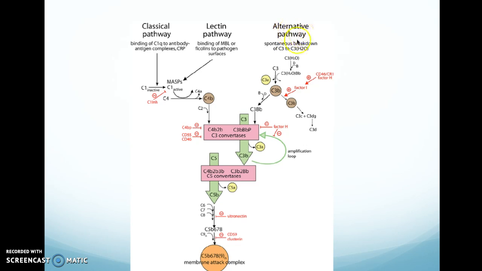And then you have the alternative pathway, spontaneous breakdown of C3 to C3H2O. It just goes through the processes of both, starting with the classical and then the alternative. As you can see, this one has a lot more going on with it, but then they all end up down here. It's a membrane attack complex.